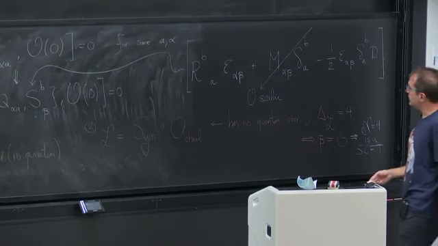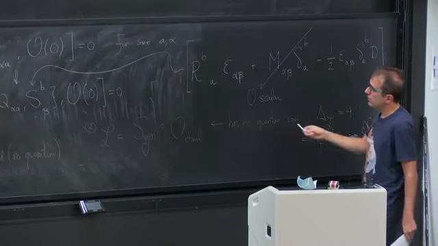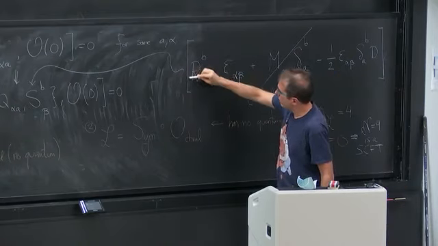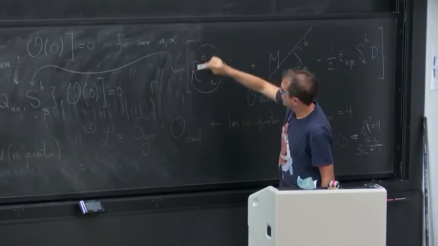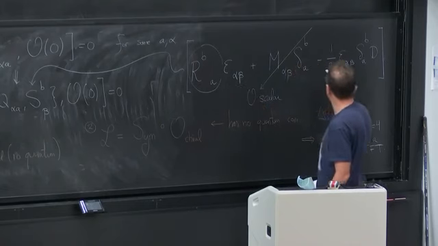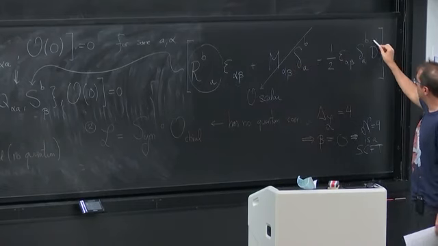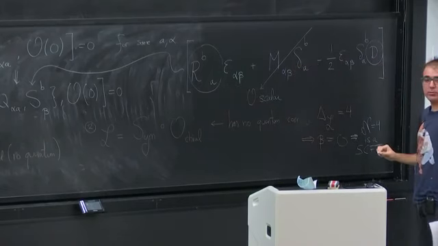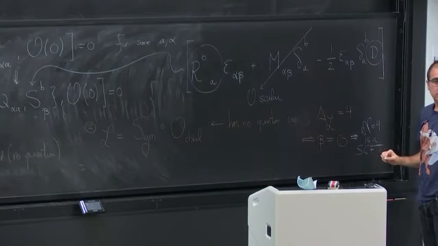And then what do we get? We get that the rotation acting on my operator needs to be equal to the dimension acting on my operator. Right?